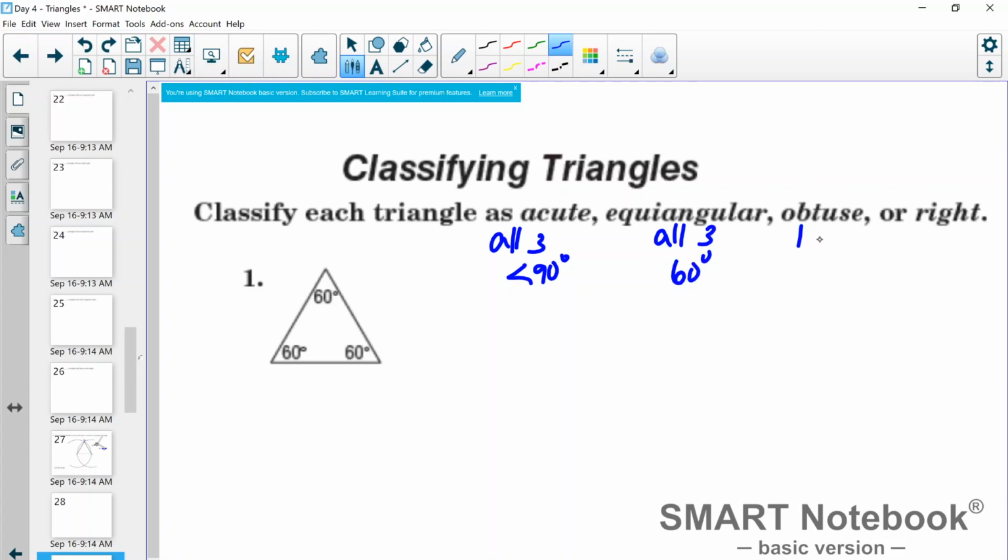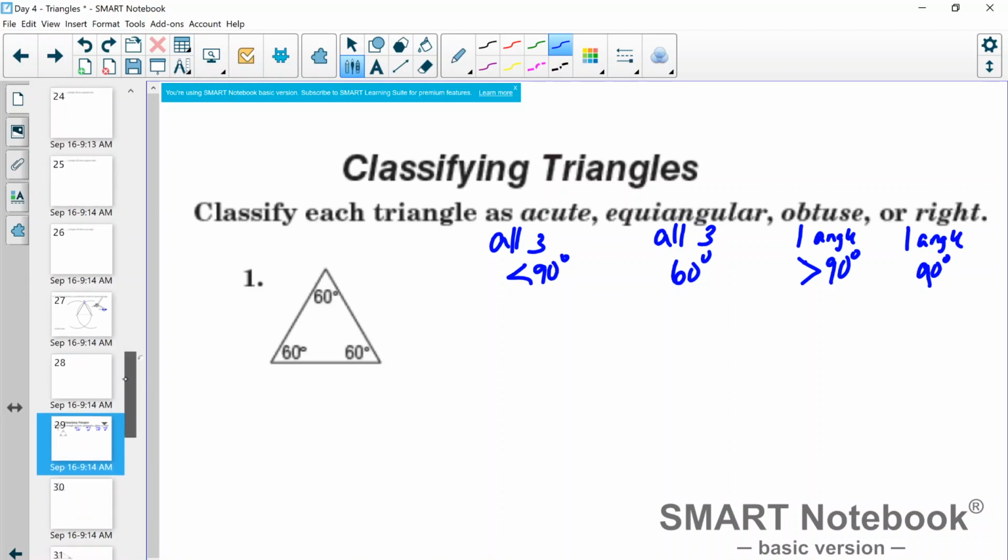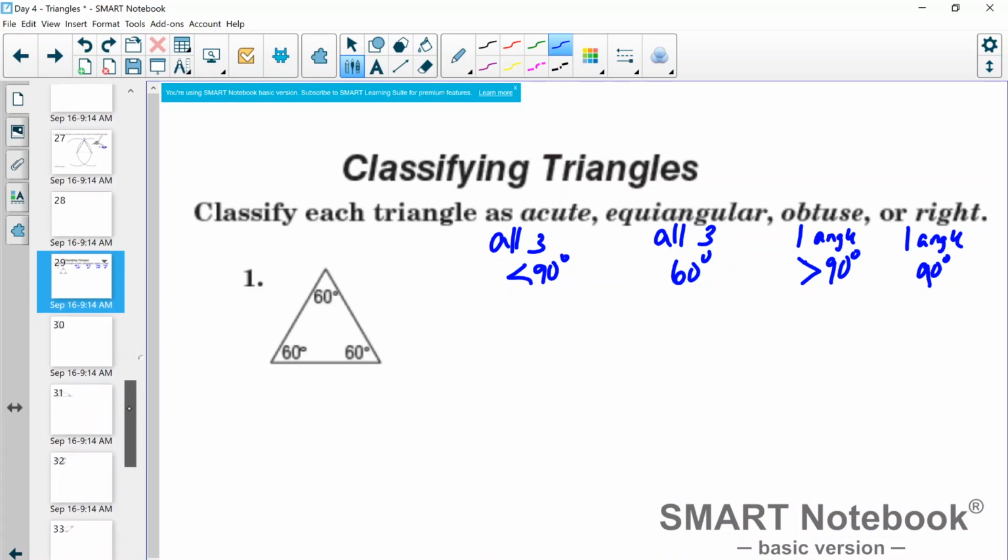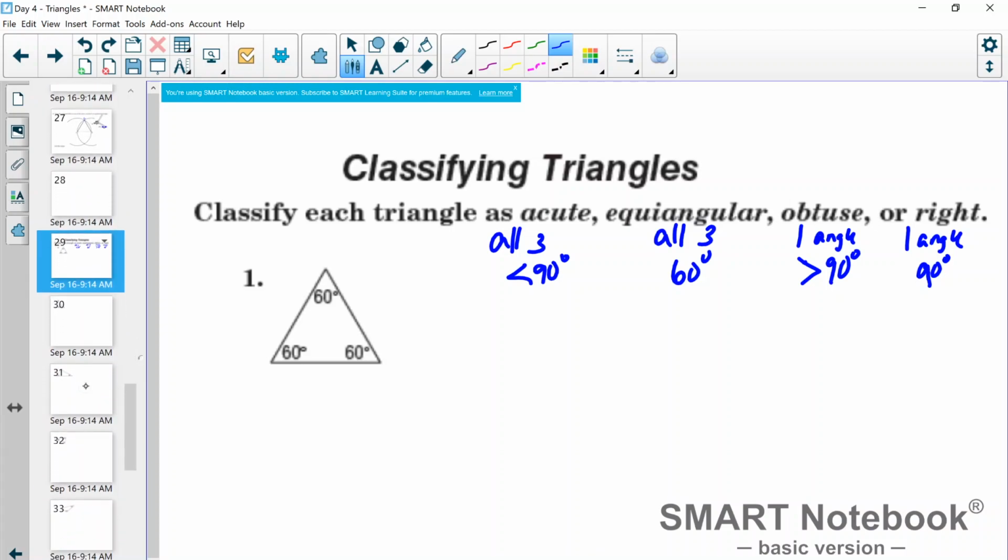Obtuse, we have one angle that is greater than 90 degrees. Or right, one angle is a right angle or 90 degrees. So based on that, we would go through and classify what kind we have: acute, equiangular, obtuse, or right triangle.